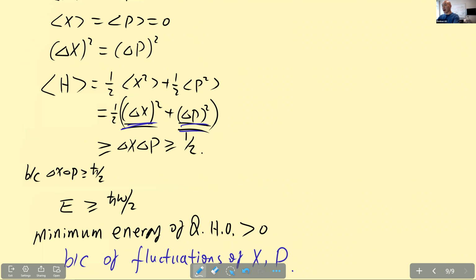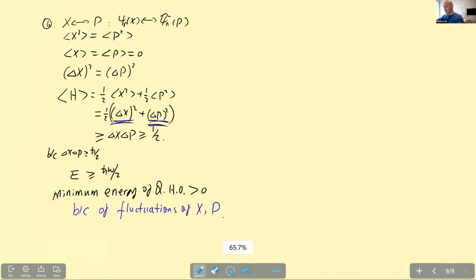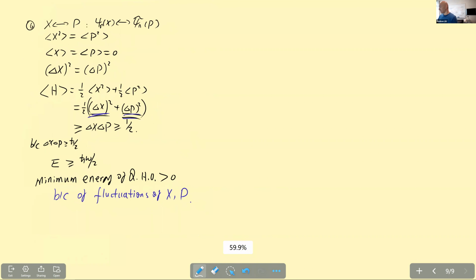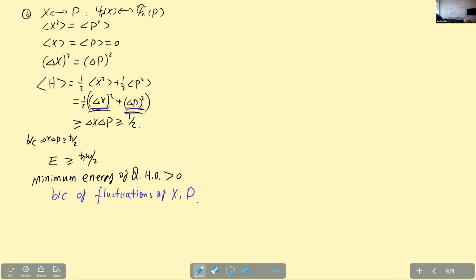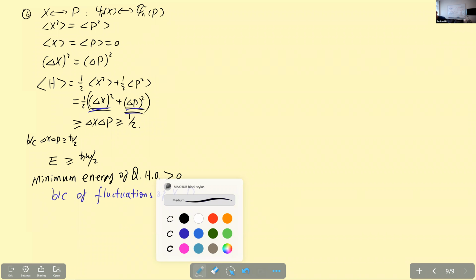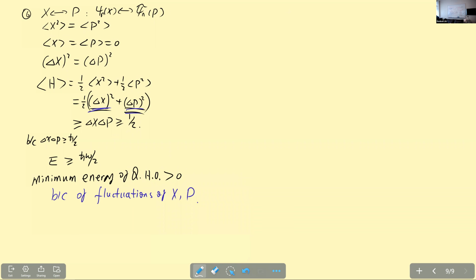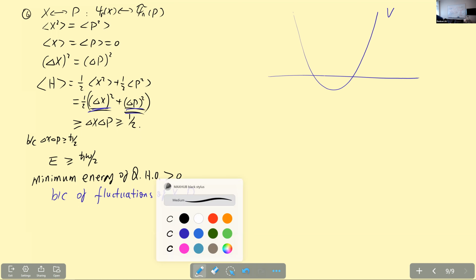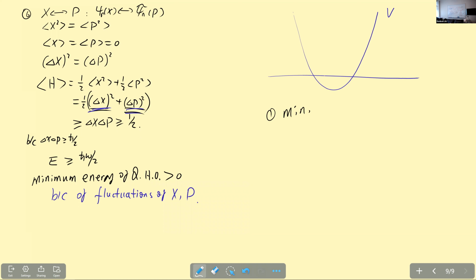Actually, suppose you have a state. Let's try to minimize the energy. So this is the potential, and this is the energy. If you want to minimize this energy, for example, you can minimize the potential energy.